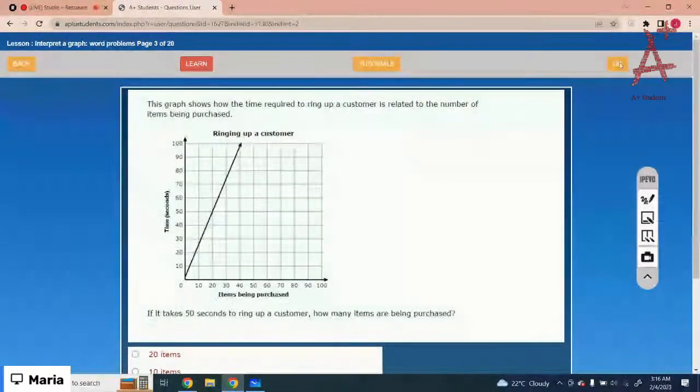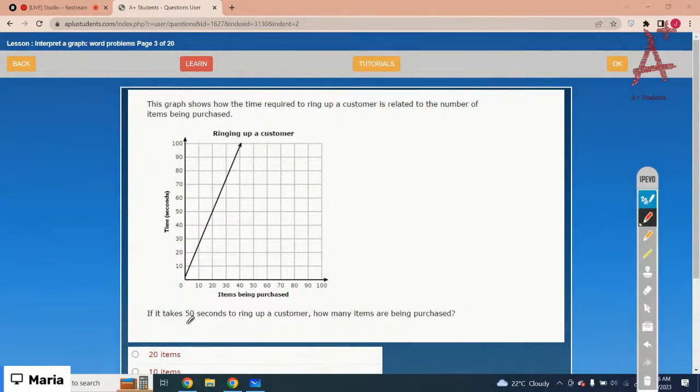Okay, the next one is this graph shows how the time required to ring up a customer is related to the number of items being purchased. If it takes 50 seconds to ring up a customer, how many items are being purchased? 50 seconds. Here you have the time on the y-axis. Got it?